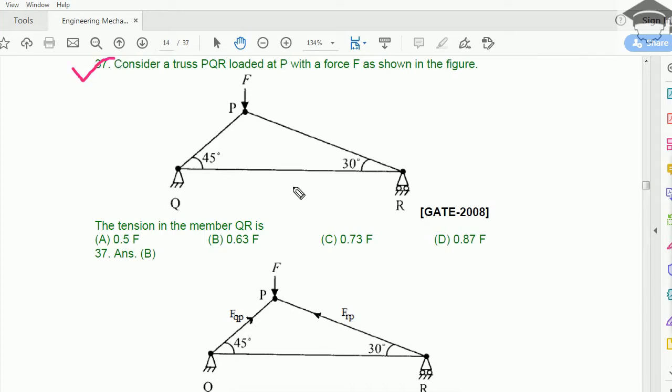Instead, you can use the force triangle method, which I already explained in the previous video. You can do this question directly under 20 seconds. This came in GATE 2008.